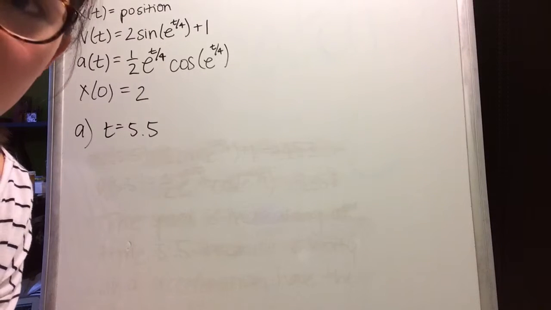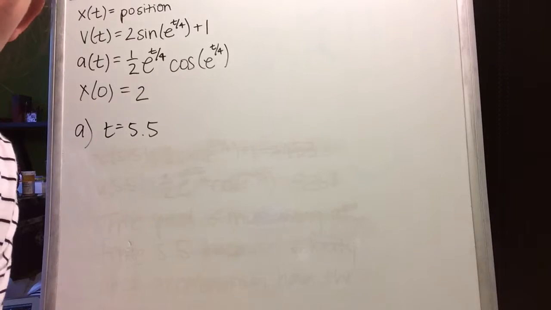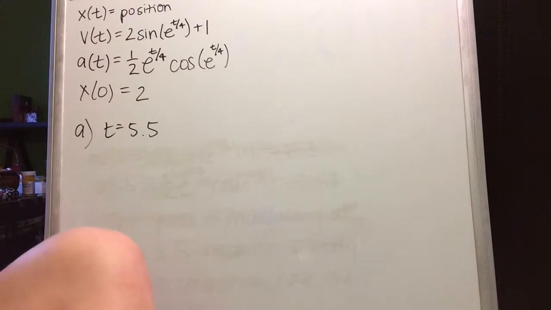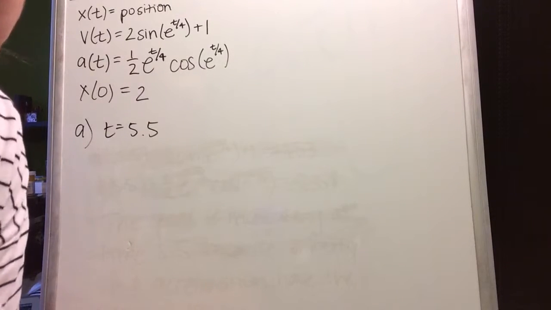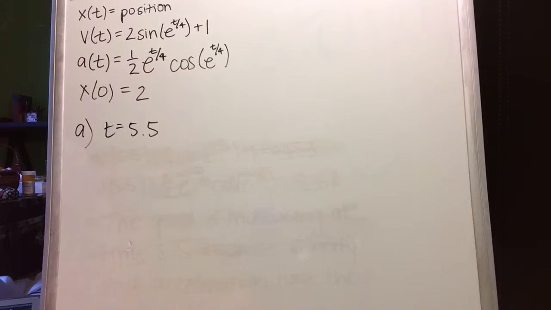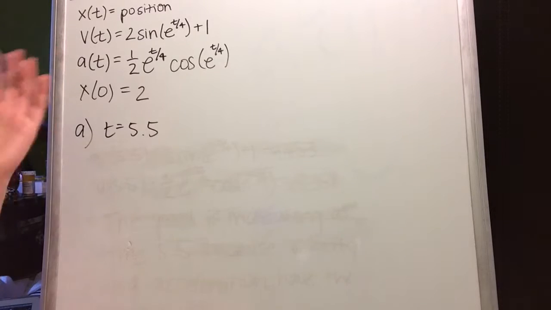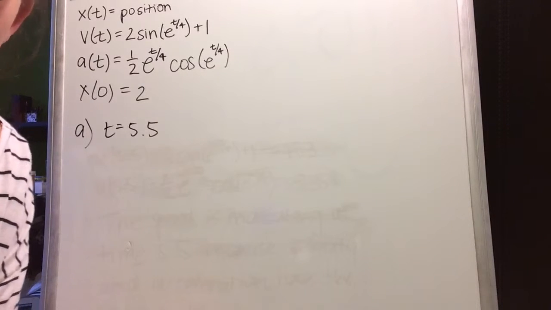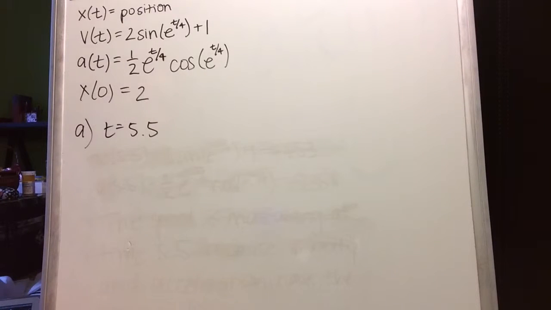Okay, so I have problem one of FRQ 2011, and the given information is x of t is your position function. The actual equation isn't given, you just know that it's x of t. And then velocity v of t equals 2 times sine of e to the t over 4 plus 1.